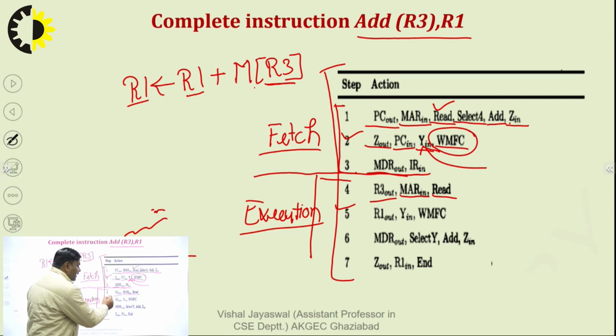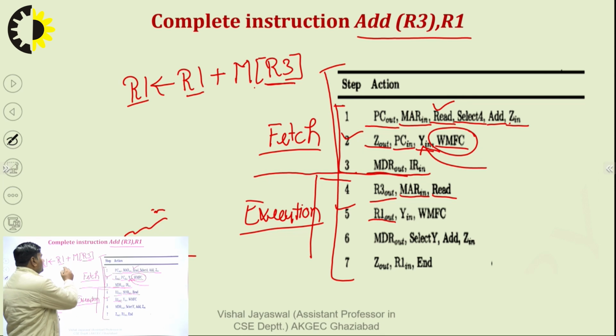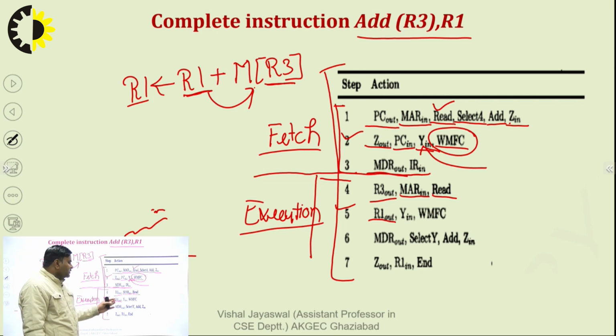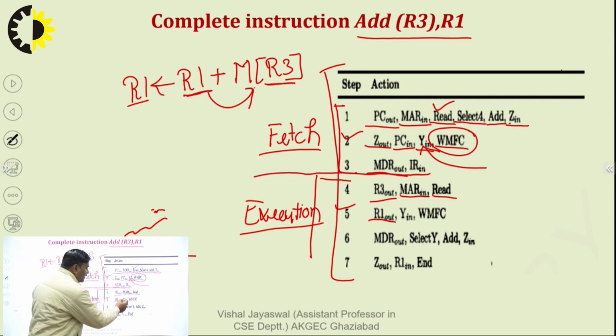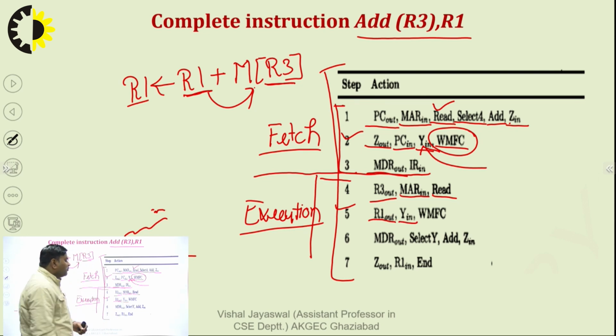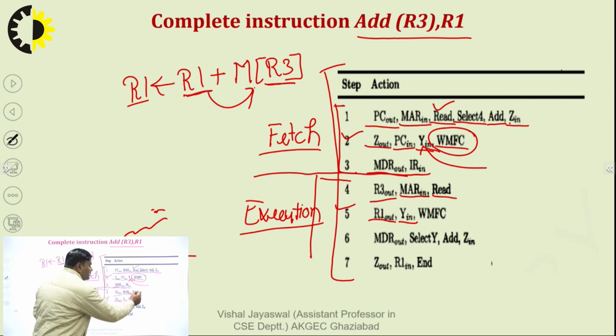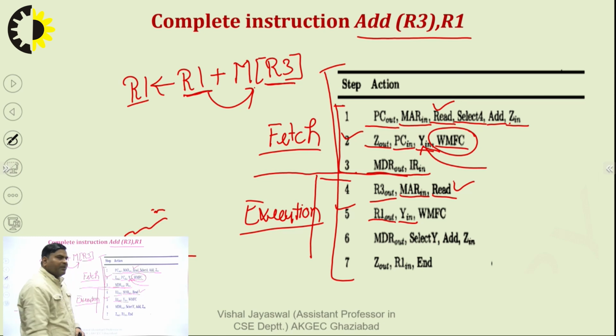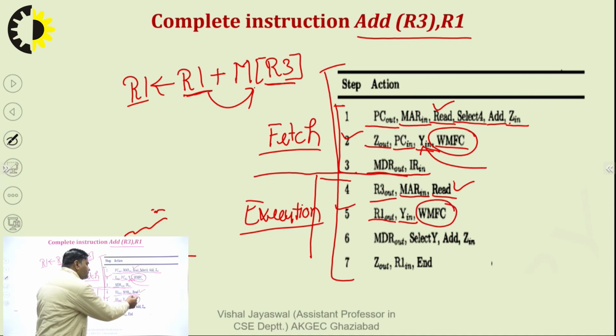Then in step number 5, we use R1 out, because we have to add the content of R1 to M of R3. So we use the control signal R1 out and place this content into the Y register: R1 out, then Y in. We issued the read command for the memory in step number 4, so we use the WMFC control signal in step number 5.